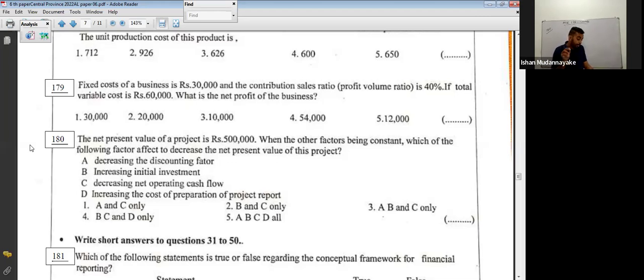It should be decreasing net operating cash inflow. Please adjust it as decreasing net operating cash inflow. If net operating cash inflow gets decreased, what will happen? Net present value will decrease.